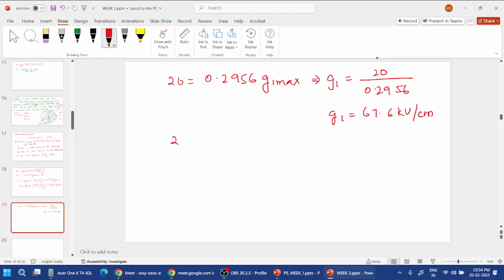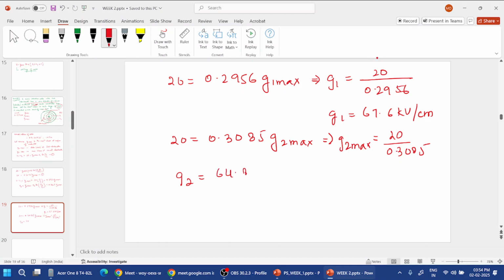Similarly, 20 is equal to 0.3085 G2 max. G2 max is equal to 20 divided by 0.3085, which is 64.83 kV per centimeter.